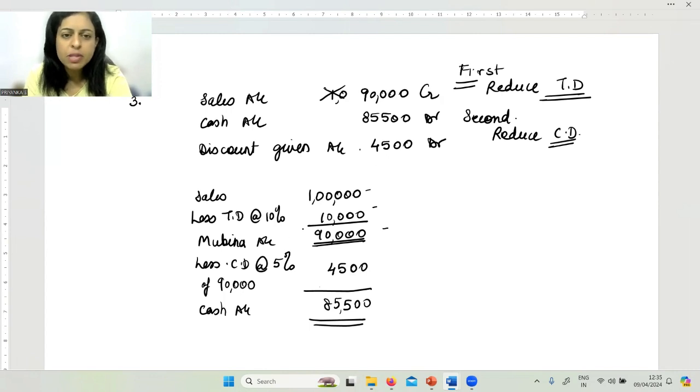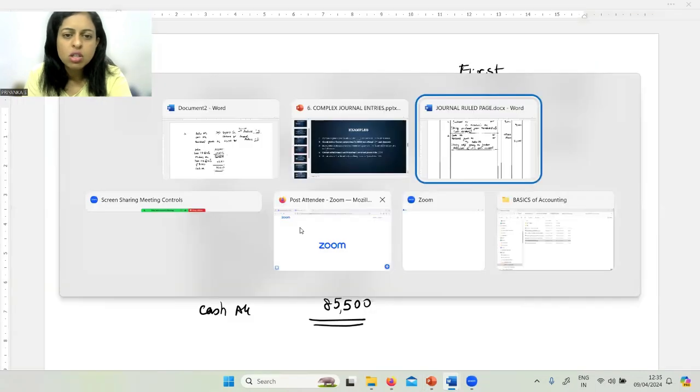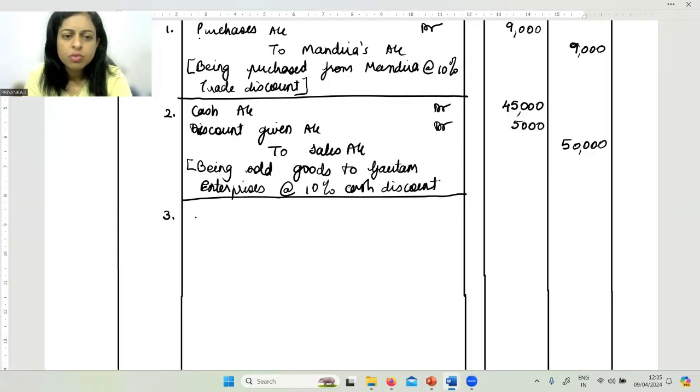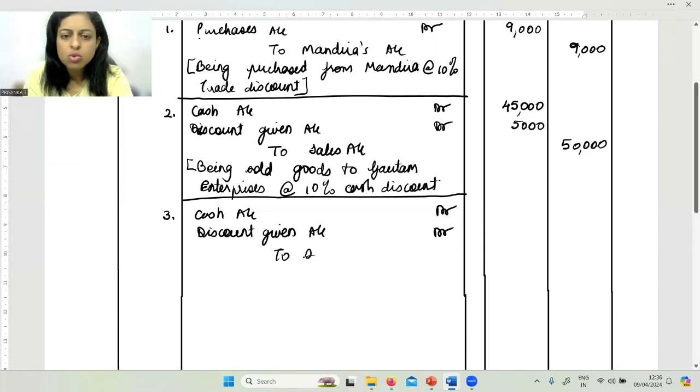So let's write the debits first in the journal. Cash account, debit, discount given account, debit, and to sales account.